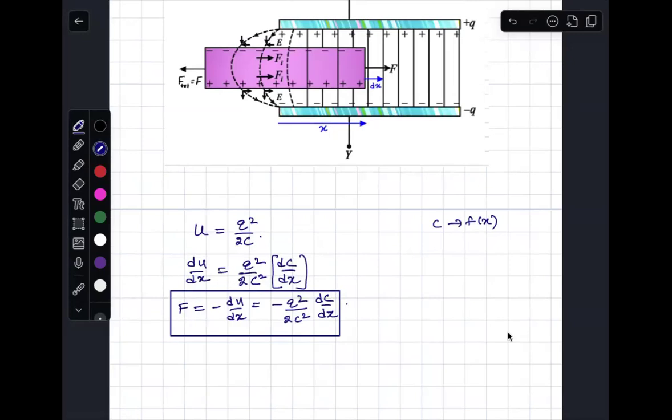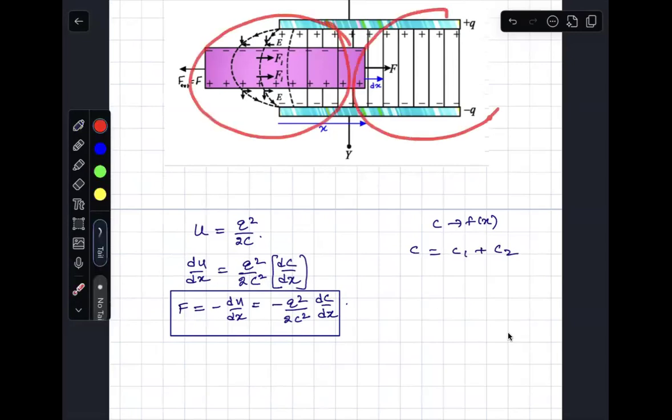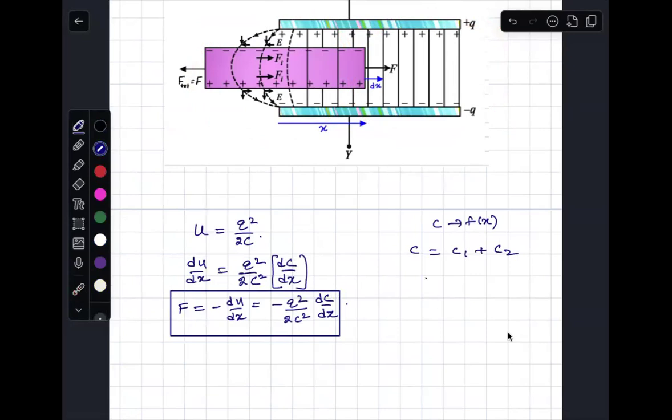Can you please help me in writing what is the C in this? C is nothing but C1 plus C2. Of course, parallel. By the way, this part is between the two parallel plates. So what is C1? Epsilon naught area.